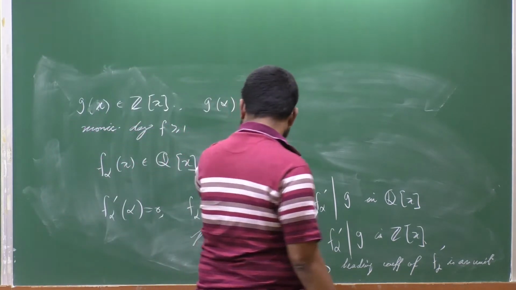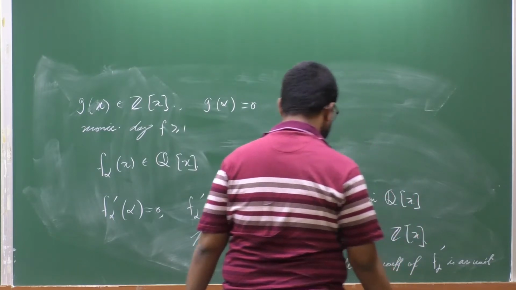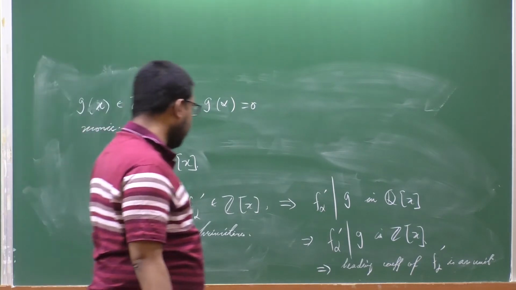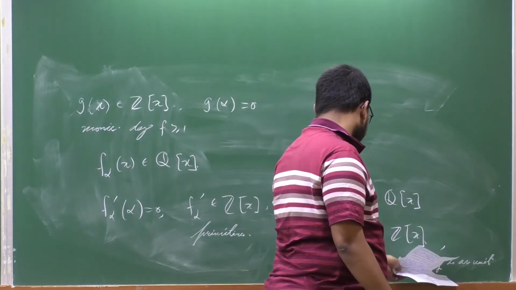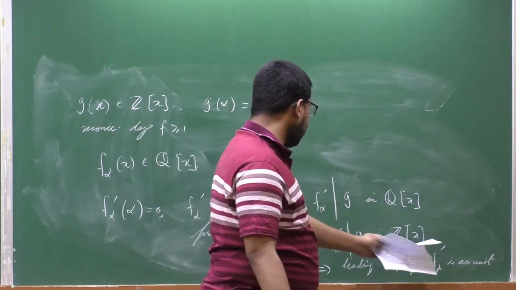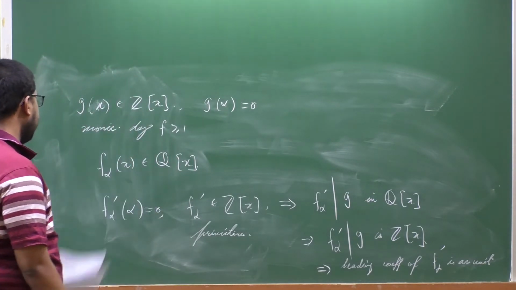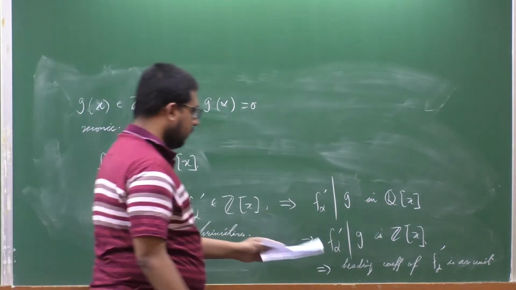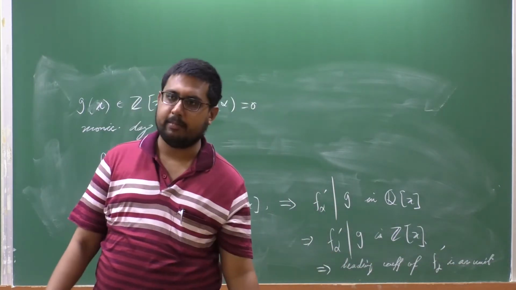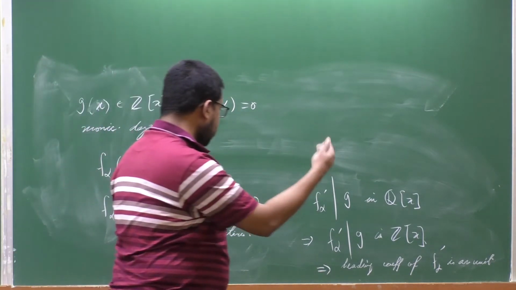Just a minute. f_alpha prime is again going to be an irreducible polynomial, by our construction irreducible in Q[x] as well. It has to divide f_alpha, and f_alpha prime multiplied by some unit is again irreducible in Q[x].